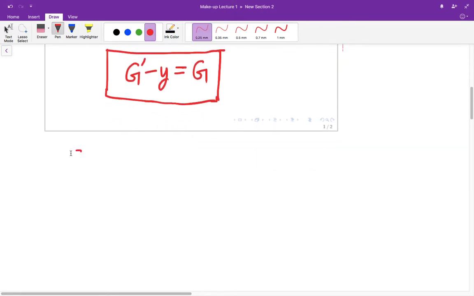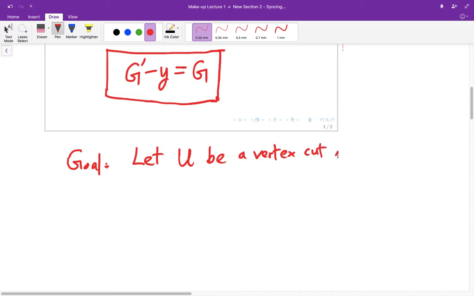The goal is to show that if we start with any vertex cut U of the graph G prime, then the size of U must be at least k.